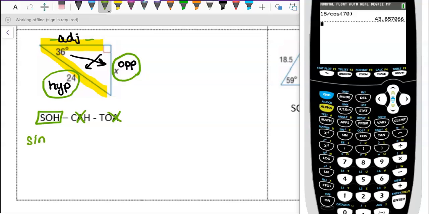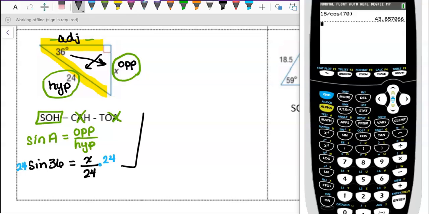So my formula for sine is the sine of the angle equals the opposite side over the hypotenuse. So in our case, we have the sine of 36 equals the opposite x over the hypotenuse 24. Now I need to solve that, so I want to get the x by itself. So I'm going to multiply by 24 to eliminate my fraction.